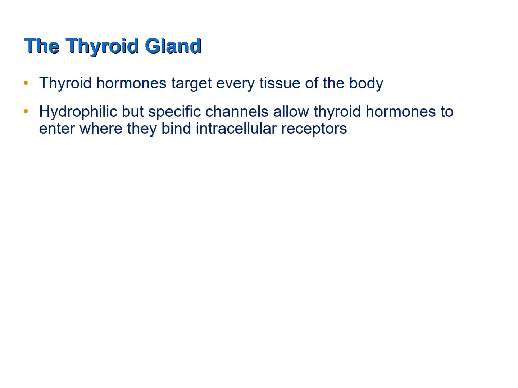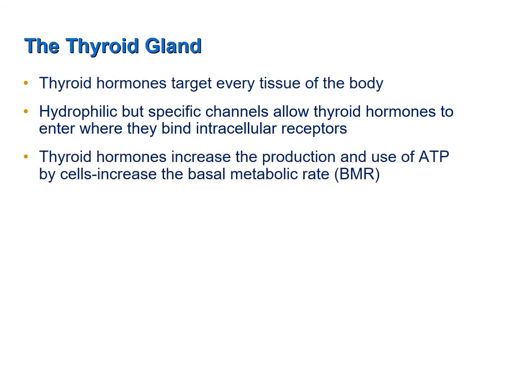Even though thyroid hormones are modified amino acids and therefore hydrophilic, they actually bind receptors inside of their target cells, and that's because there are specific channels that allow T3 and T4 to enter the cells and bind intracellular receptors.